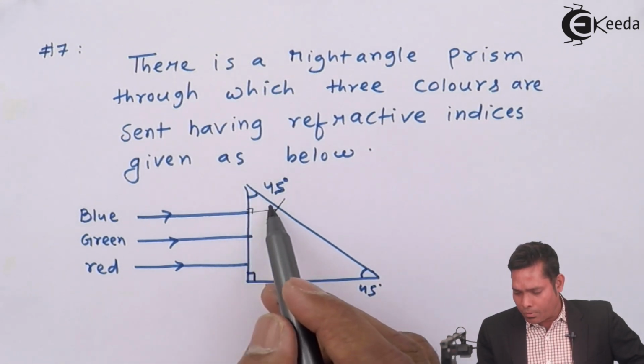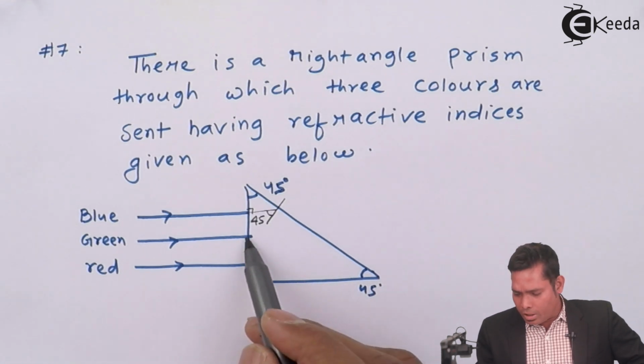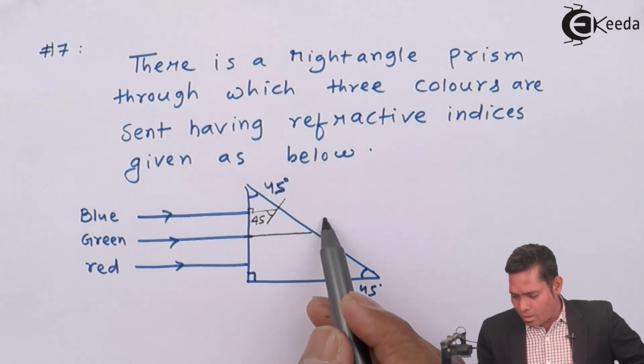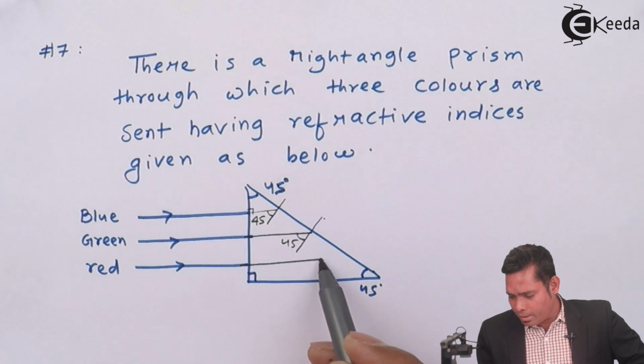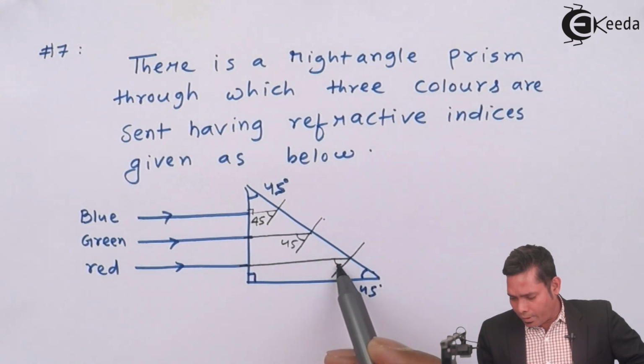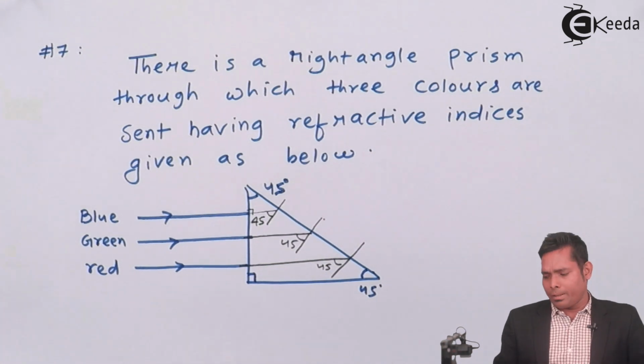This is 90, this is 45, this has to be 45, so this angle is 45. This ray also will strike at an angle of 45. This ray also will strike at an angle of 45. So all these colors will strike at an angle of 45 degree.